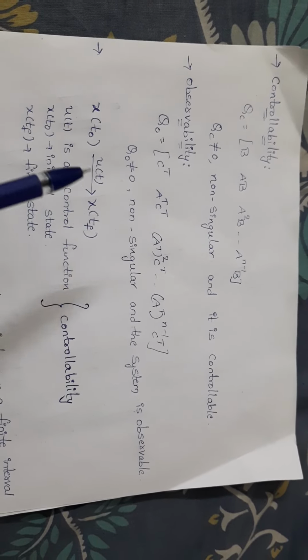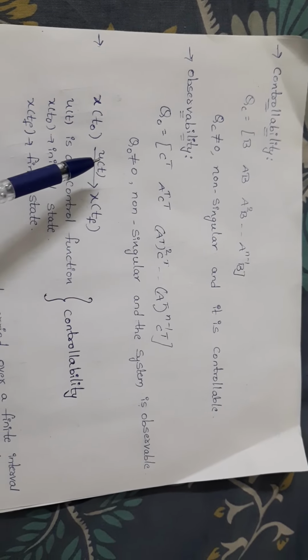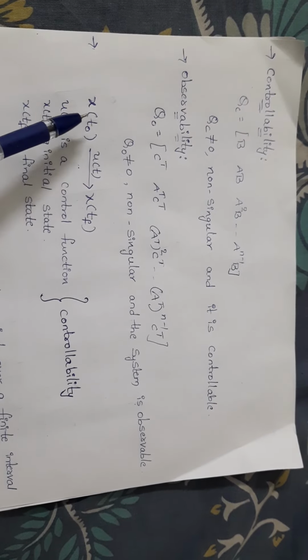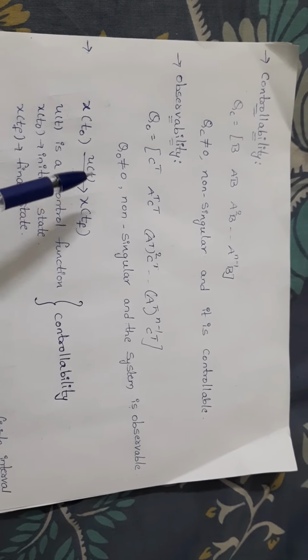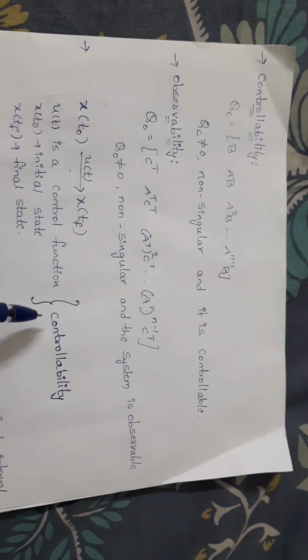This is called controllability. I repeat again, the control function u of t is going to transform or control the initial state x of t naught to the final state x of tf, and that is called controllability.